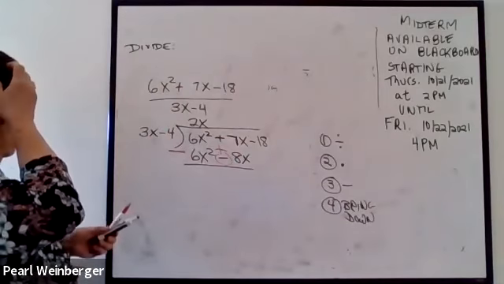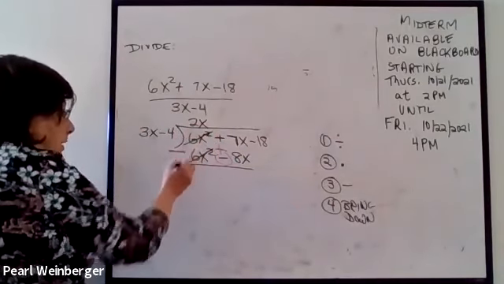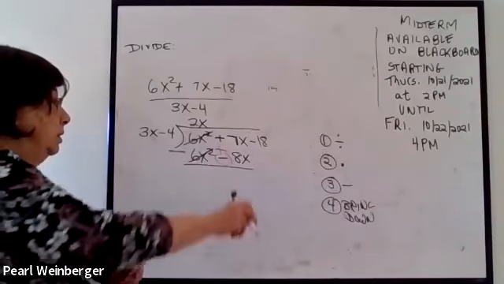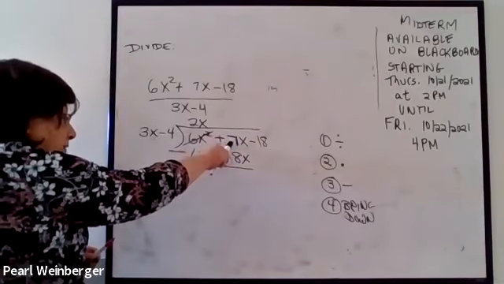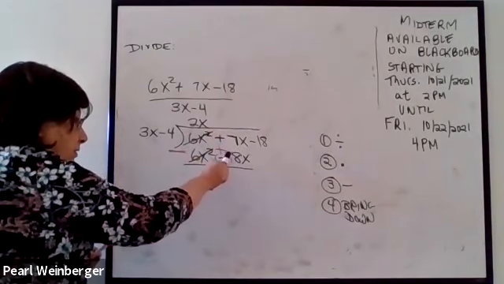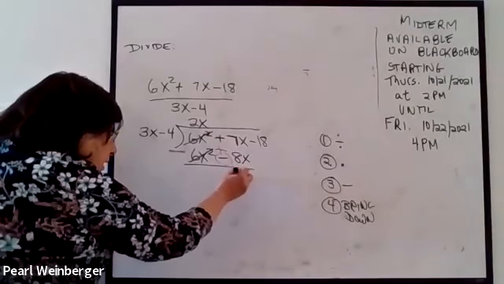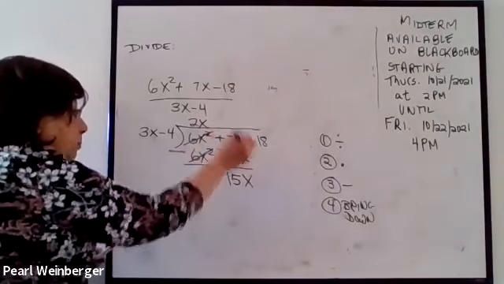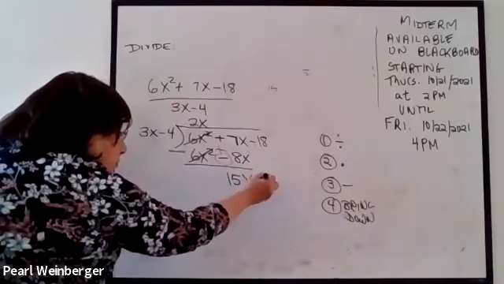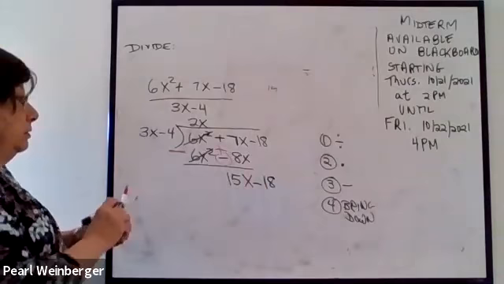Okay, so now we're doing 6x squared minus 6x squared, and that's canceling out. And now I have a positive 7x, and this is now a positive 8x because I've changed its sign, so that's becoming 15x. And I bring down the next term. Now I start the process again.